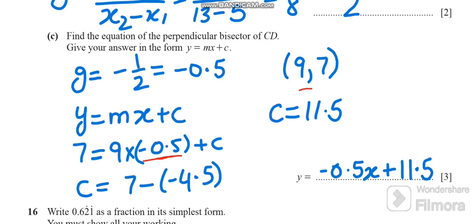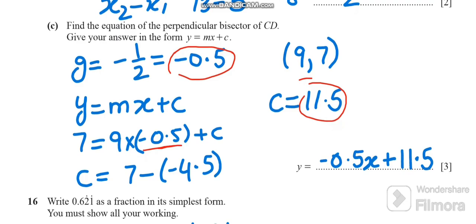So c is equal to 7 minus minus 4.5, and the value of c is 11.5. Here we have the gradient, which is minus 0.5, and the value of c, that is 11.5. So the equation is y is equal to minus 0.5x plus 11.5. So this will be the final answer.